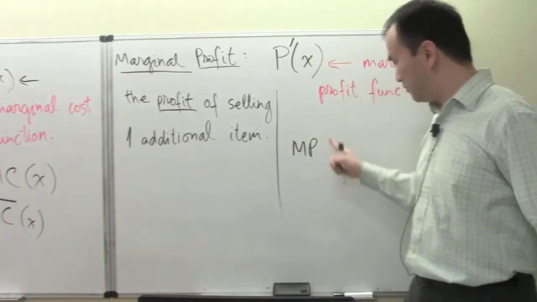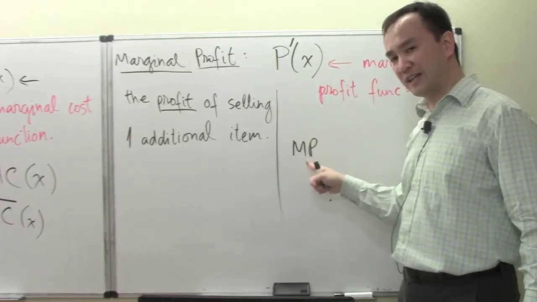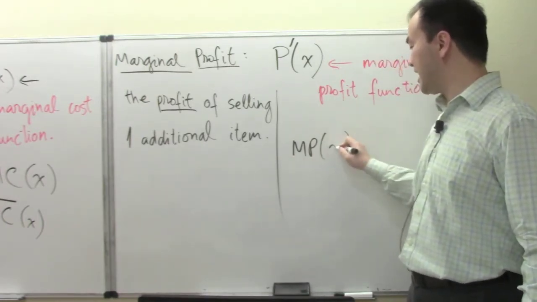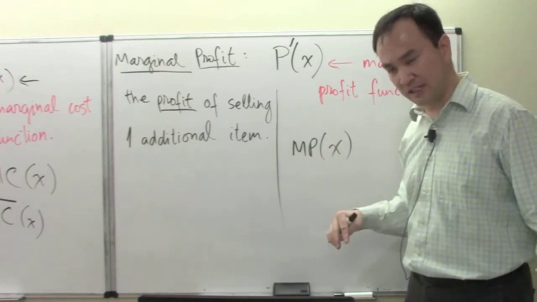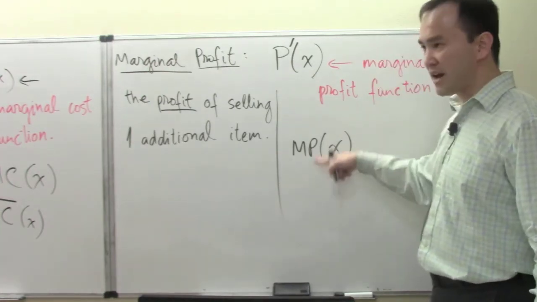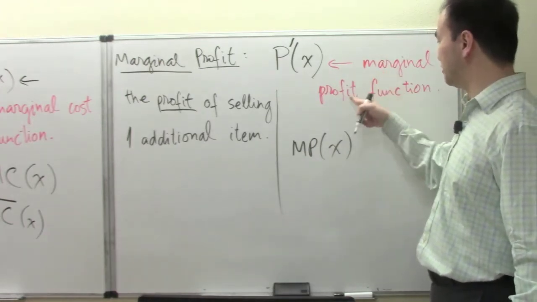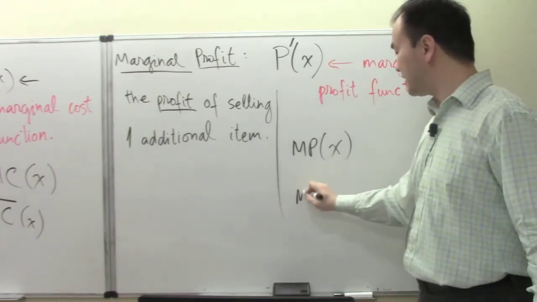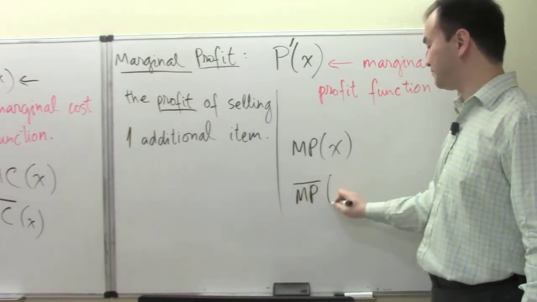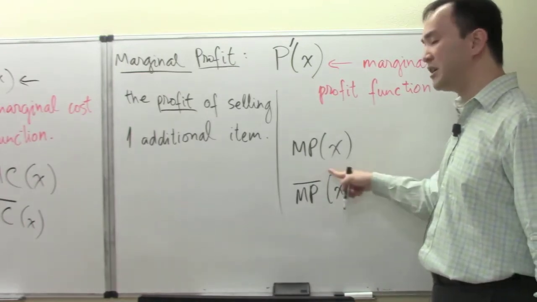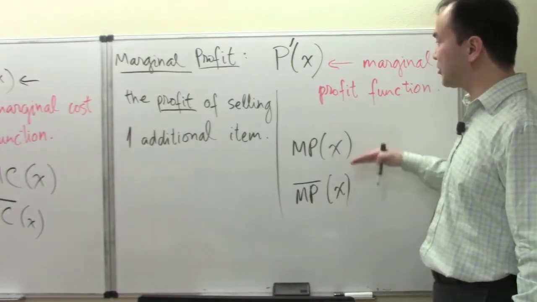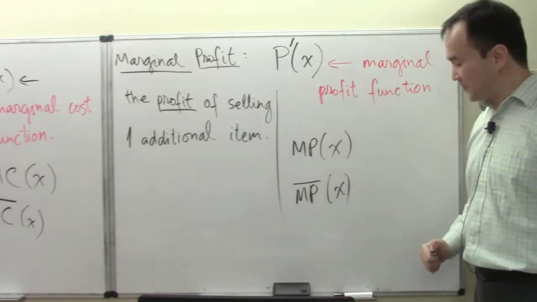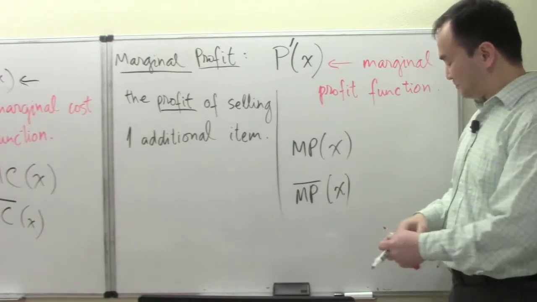So just be aware that people can write MP, which stands for marginal profits, with parentheses x or without parentheses x. Some other textbooks use MP with a bar, with or without the x in parentheses. These are all different ways people indicate the marginal profit function.